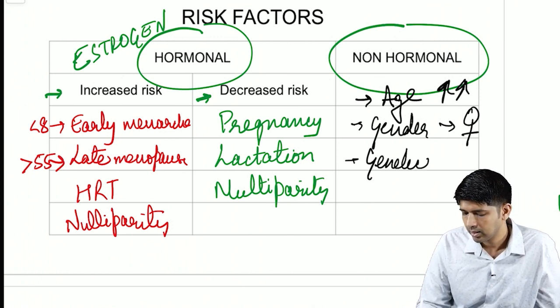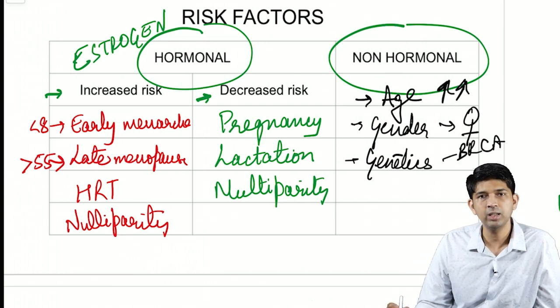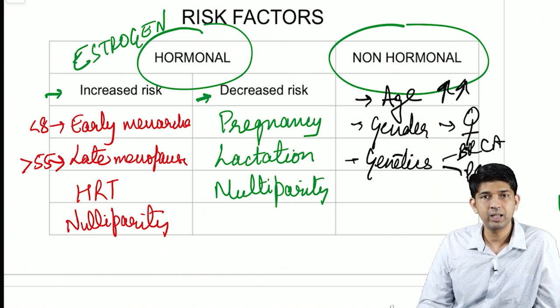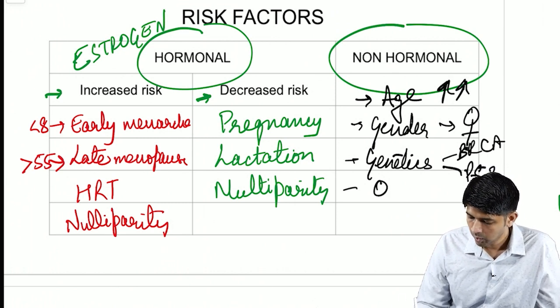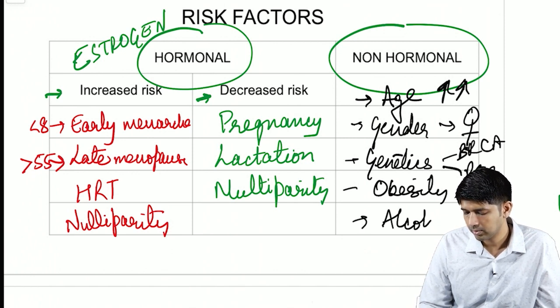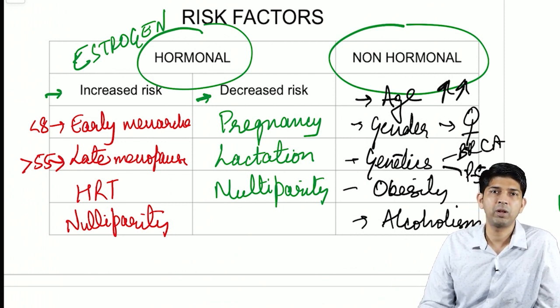Genetics, we all know the BRCA gene or the P53 mutation. All these are genetic risk factors. Obesity, alcoholism are again risk factors for developing CA breast.